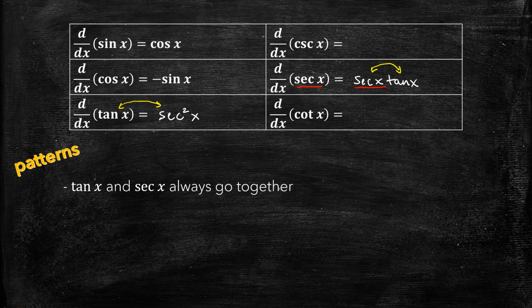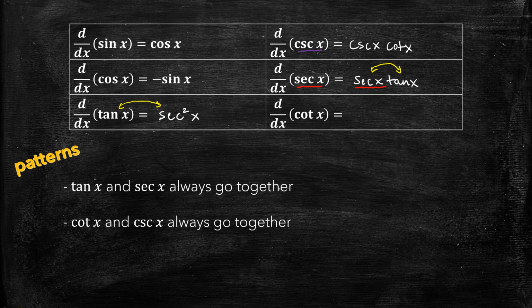and then secant x is associated with tan x, and that's very helpful because the derivative of cosecant x begins with cosecant x. It's only fair, since it is cosecant x, that it begins with cosecant x. And then the other important fact is that cotangent x and cosecant x always go together, so this is going to be times cotangent x.